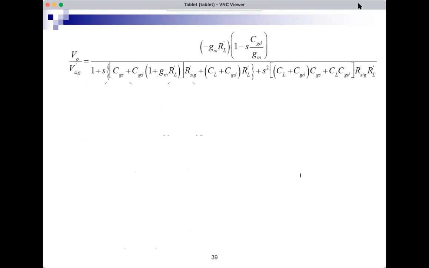VO over V prime sig is this expression: minus GM R prime L times (1 minus SCGD over GM), divided by... I don't need to read it. That's it. This is the transfer function.